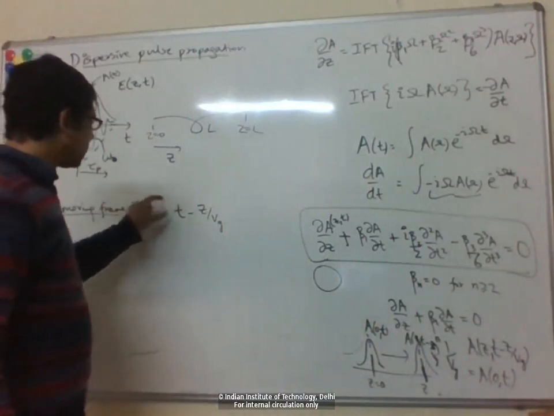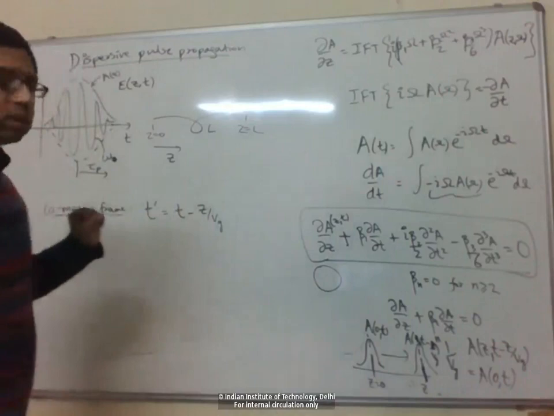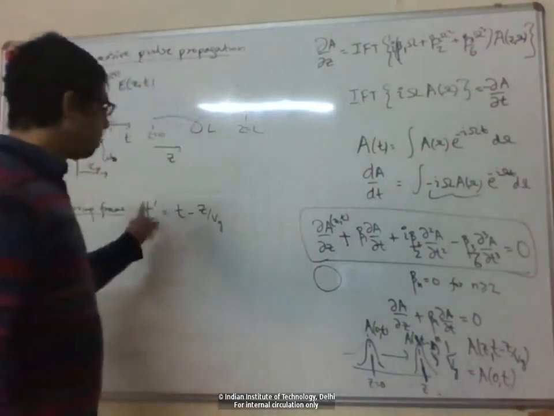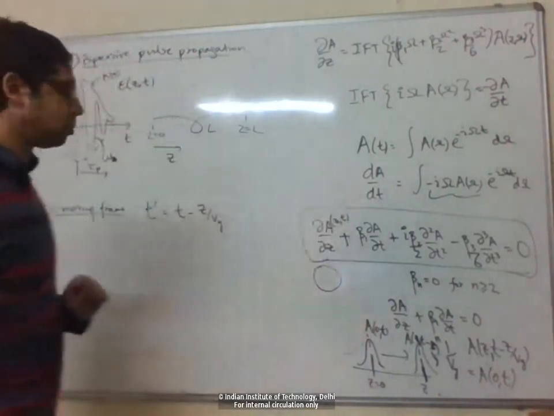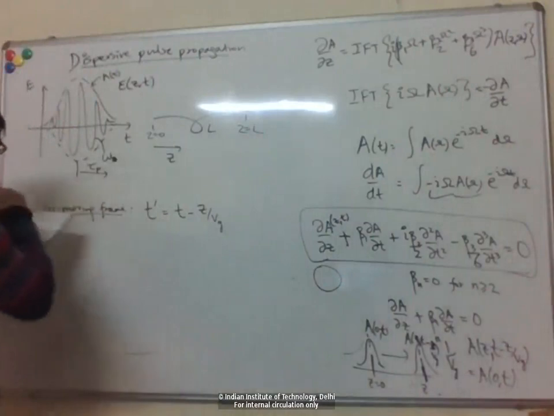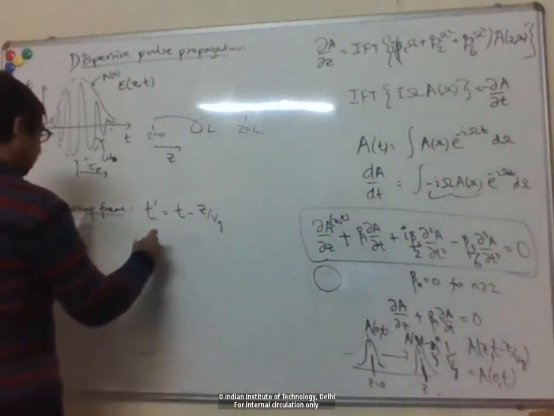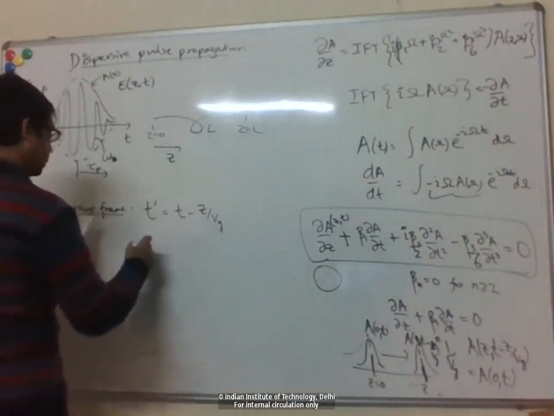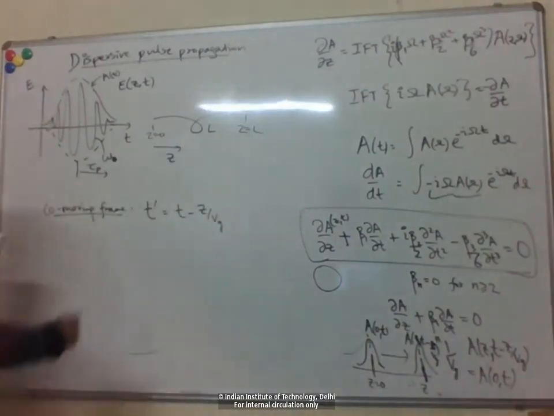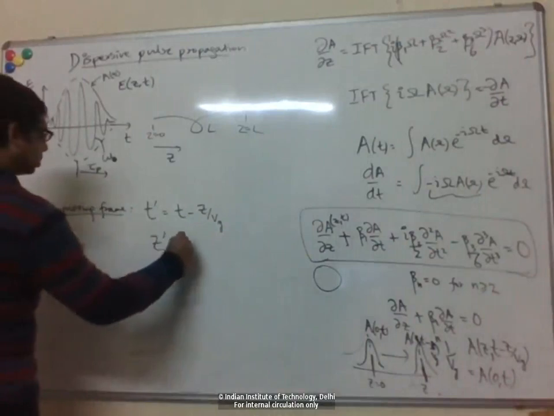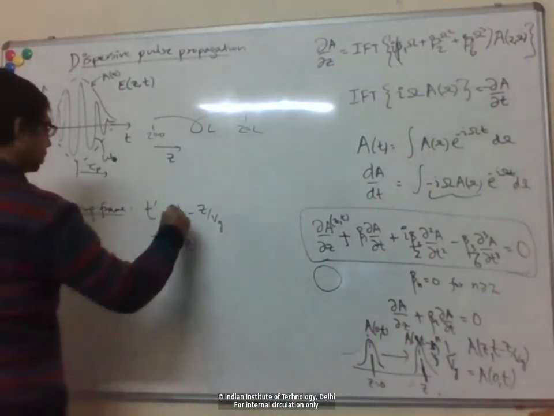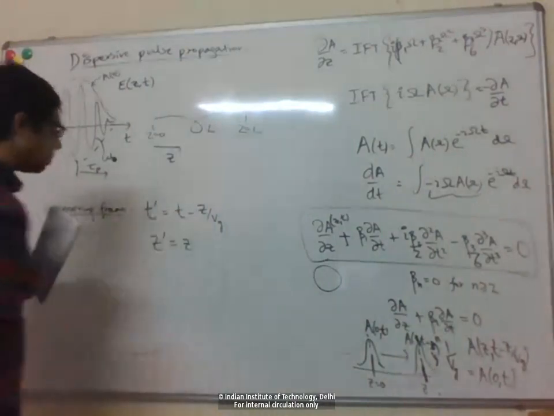Now this time depends on my position, because this is the time that I'm measuring in the moving frame, moving with the pulse. The z coordinate remains the same; the position is still the universal position. So we go to new coordinates t prime and z prime, which are functions of the original coordinates t and z.